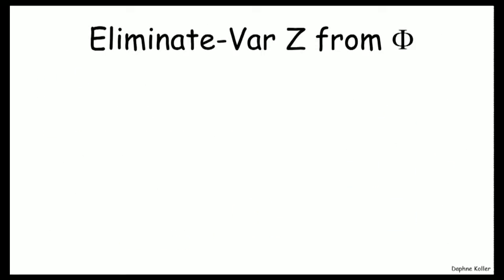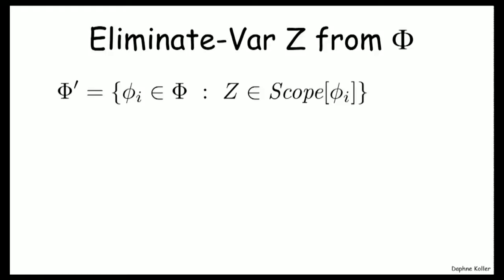So to summarize this, the main routine in this algorithm is a routine which we call eliminate variable Z from a set of factors phi. And what it does is the following. We first look within phi, and we define a set of factors phi prime, which are all factors that involve Z. That's what this mathematical expression says: the factors phi I such that Z is in their scope.